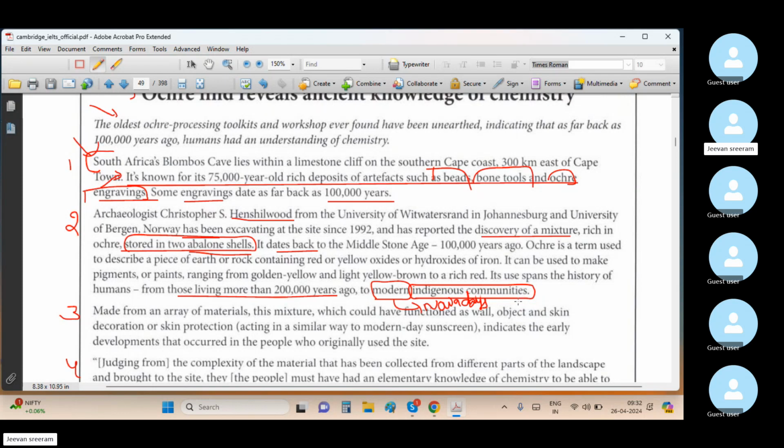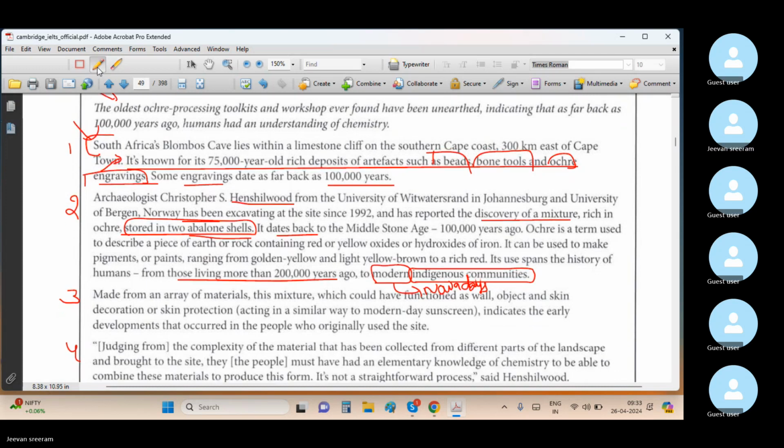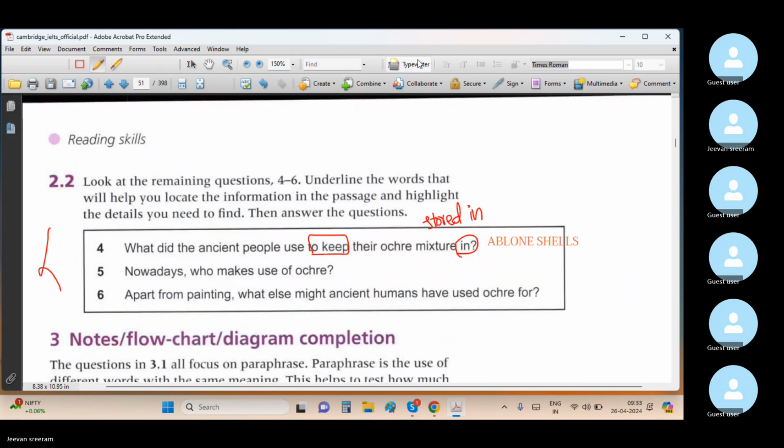Indigenous communities are still using the ochre. Is it clear? Clear, sir. Indigenous communities.